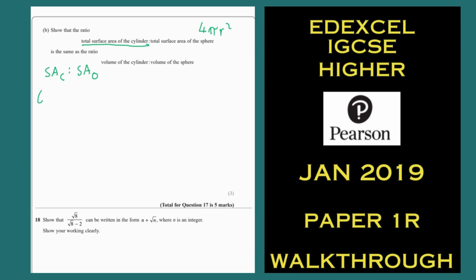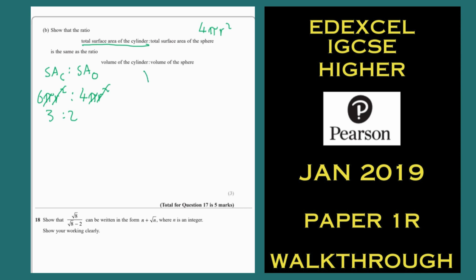So we've got 6 pi r squared for our previous answer. We've got 4 pi r squared from our formula page. And like I said originally at the start, everything cancels. Divide both sides by r squared, divide both sides by pi, we're just left with 6 to 4. Or in other words, 3 to 2.